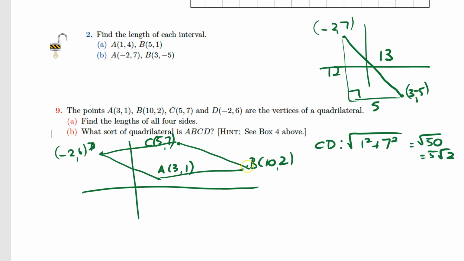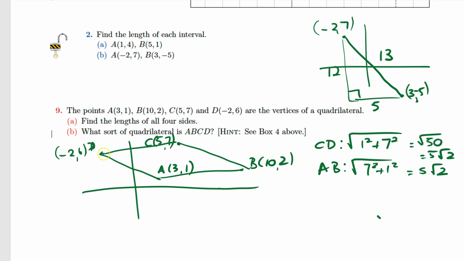Now, I'll have a look at AB, and even my crappy diagram led me to look at AB next. So my difference in the x's is 7. My difference in the y's from 1 to 2 is 1. So again, that's going to be 5 root 2.